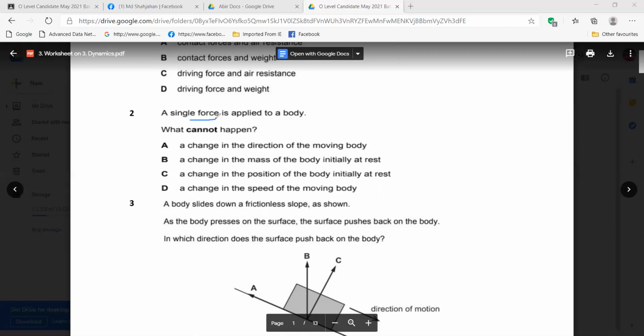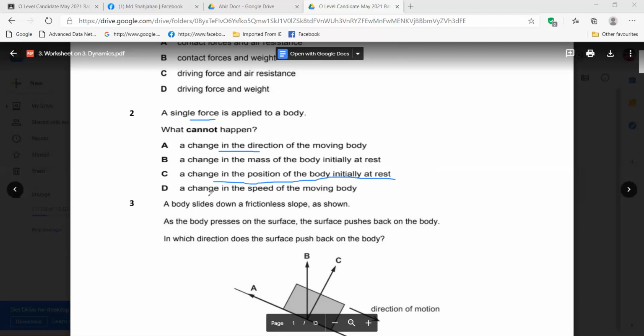The object can accelerate, stop, or change direction, and the object can change shape and size. In your notes it's written at the beginning, right? If there is a force applied, then we have a change in direction, and the position will change because it's accelerating.